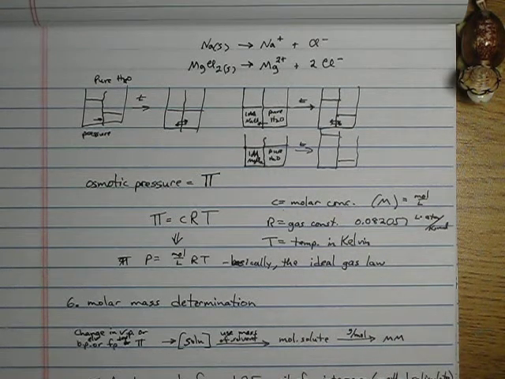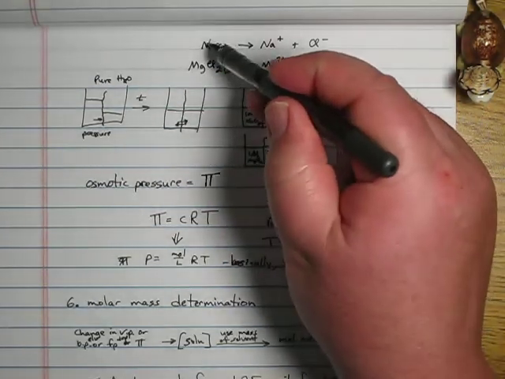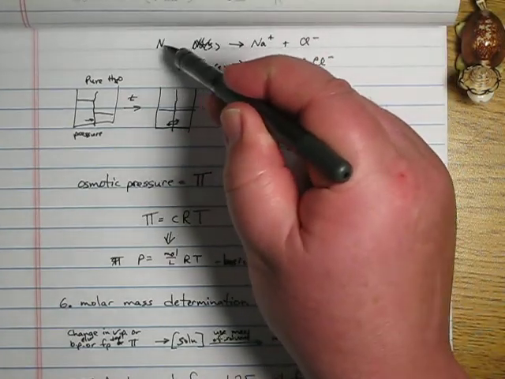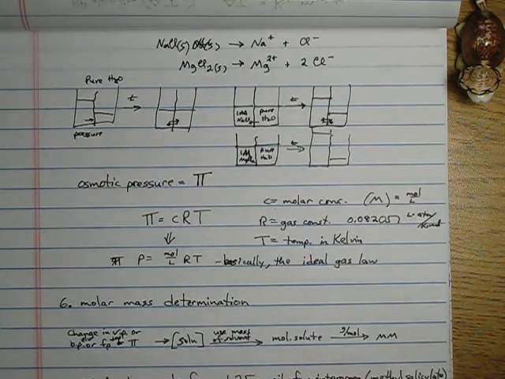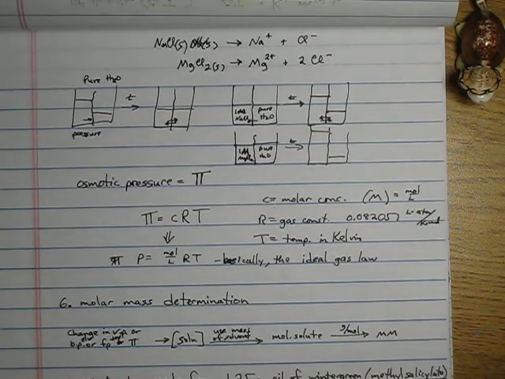And I forgot the chlorine here. Not a problem. Just fix it like that. All right. So 1 molar sodium chloride is 2 molar in particles. 1 molar magnesium chloride is 3 molar in particles.